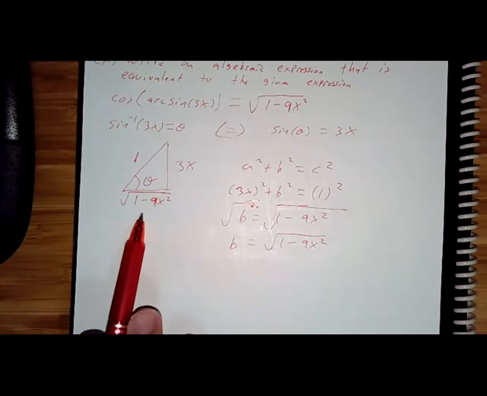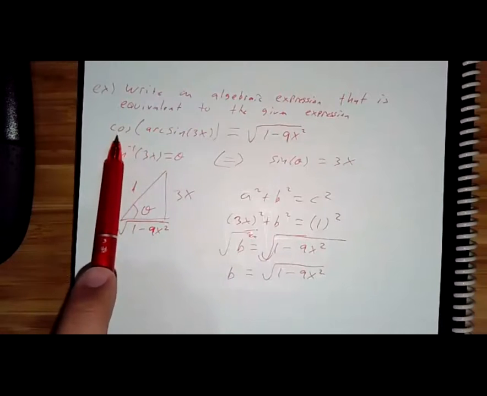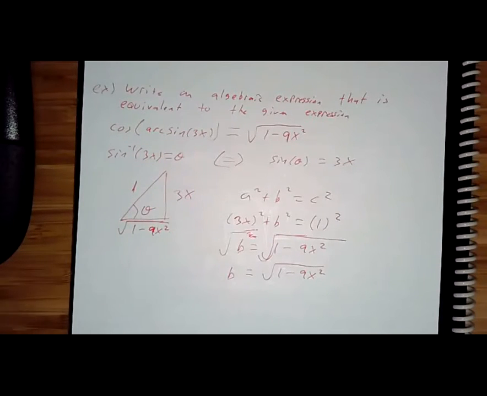So once you have the adjacent side, you answer the question. The question is basically asking you, what is cosine given this information? I think that's the easiest way to think about this. Any questions about that?